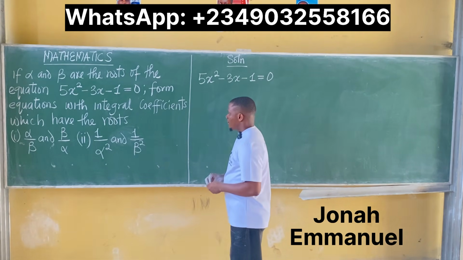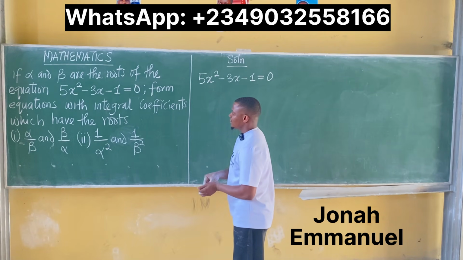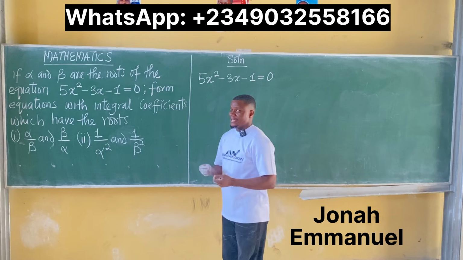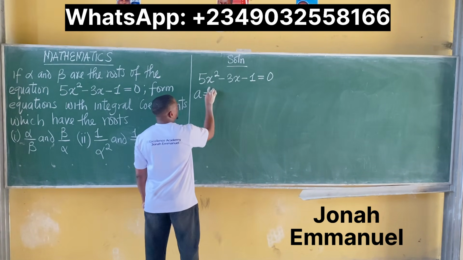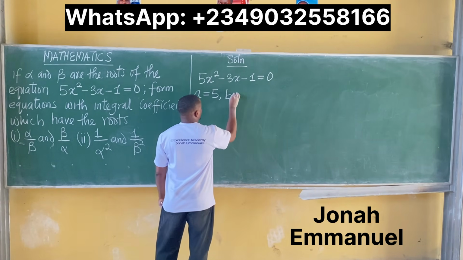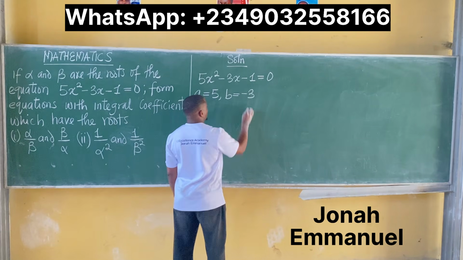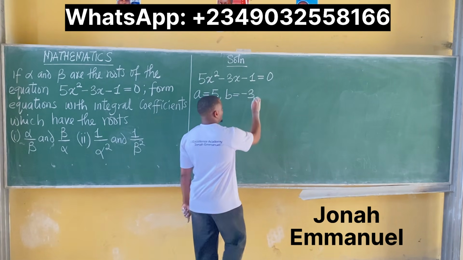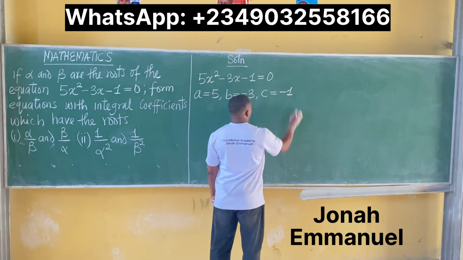Now, with this, we want to get the values of a, b, and c. a is simply the coefficient of x squared, which is 5. b is the coefficient of x, which is minus 3. And c is your constant, which is minus 1.